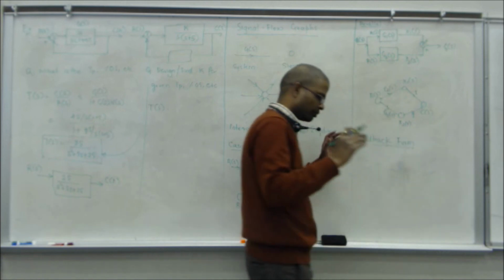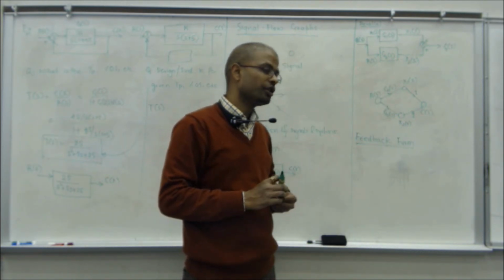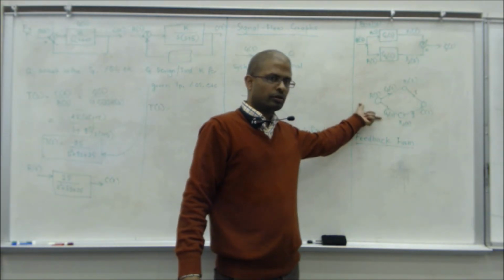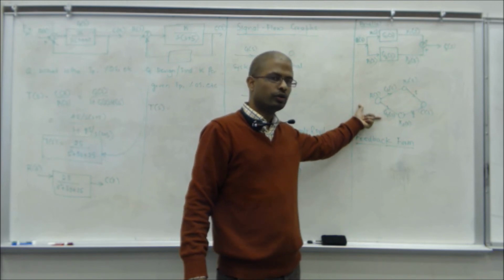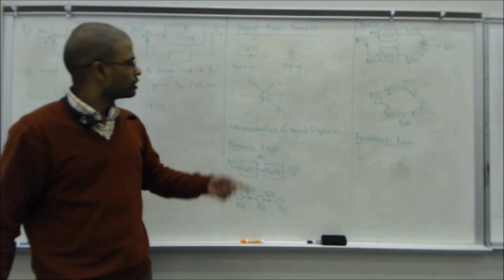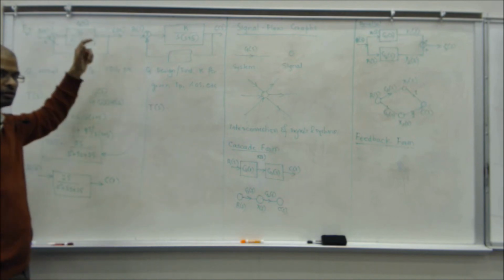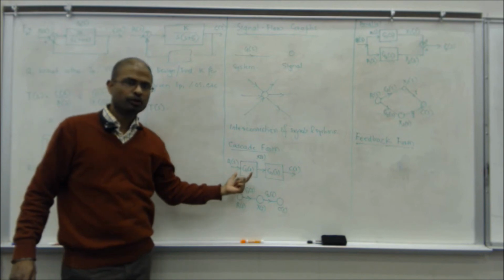So think about where you would start. As an engineer, how is this tool useful? You're building a system, okay? You're building a plant or a control system. So you would take each component and assemble, correct? Each component will have something like this. Each block will have a G of S, an input-output relationship.